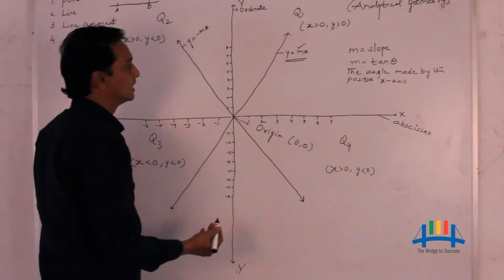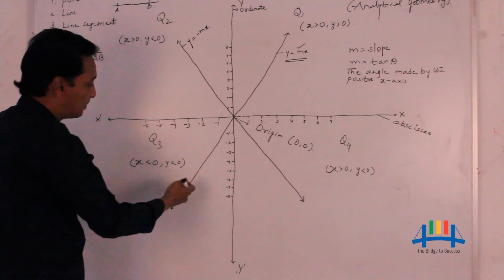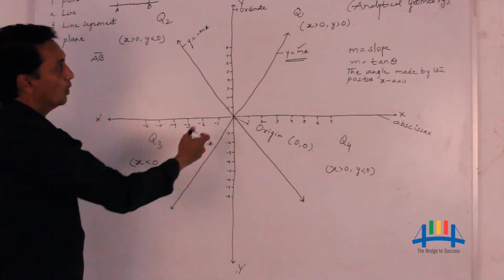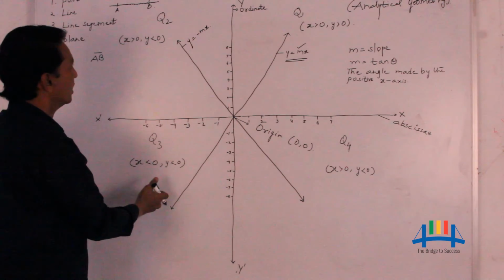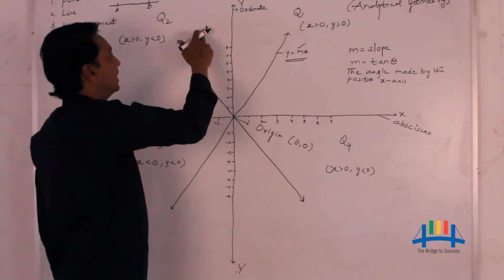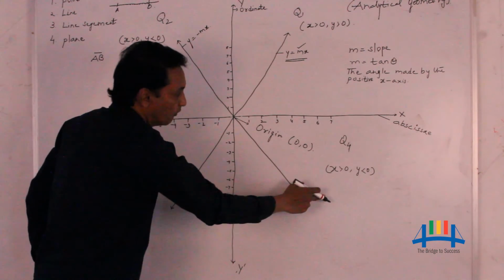Y is equal to mx passes through Q1 and Q3. When we take y is equal to minus x, it passes through Q2 and Q4.